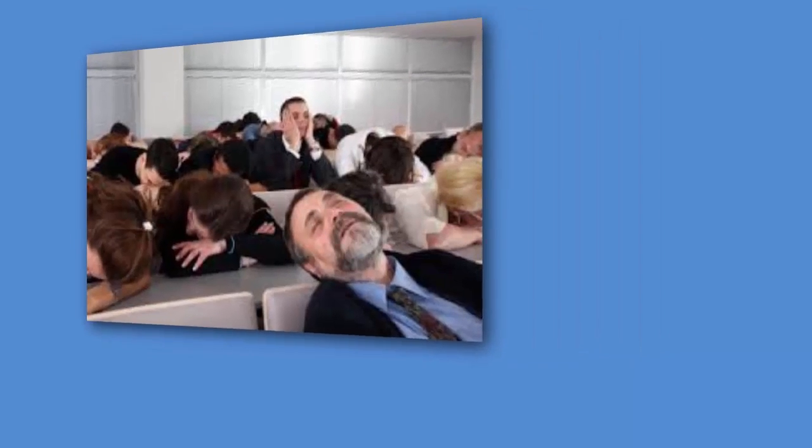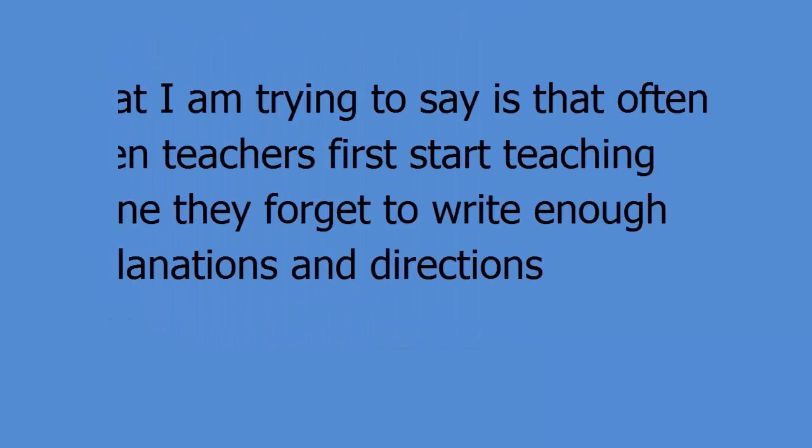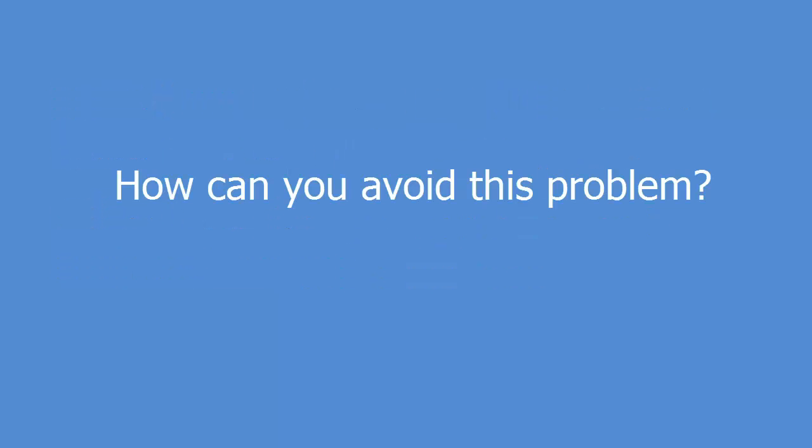However, sometimes when it comes to putting all of our content online, we have to be reminded that all that explaining and all that directing that we are used to doing ad hoc needs to be translated into a medium that students can access and understand online. What I'm trying to say is that often when teachers first start teaching online, they forget to write enough explanations and directions. How can you avoid this problem?